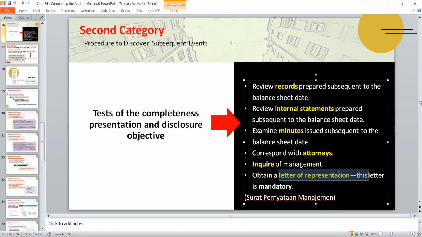Also, the letter of representation will not be included in any other reports. There is no letter of representation in the annual report, and none in the audit report. This is only kept by the auditor. Surat pernyataan manajemen, management representation letter, the same.